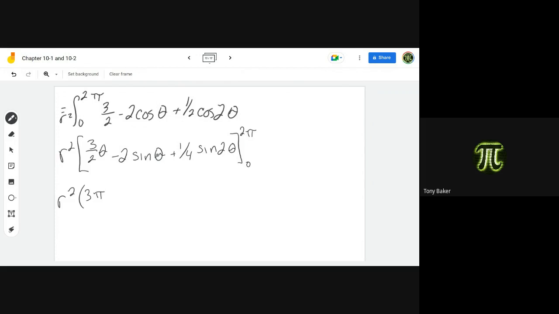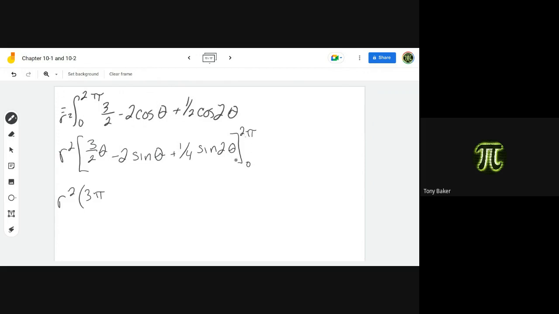Sine of 2 pi is 0. Times -2 is 0. And then sine of 4 pi is also 0, right? Yes, because it repeats every 2 pi. So now what's 3/2 times 0? It's 0.